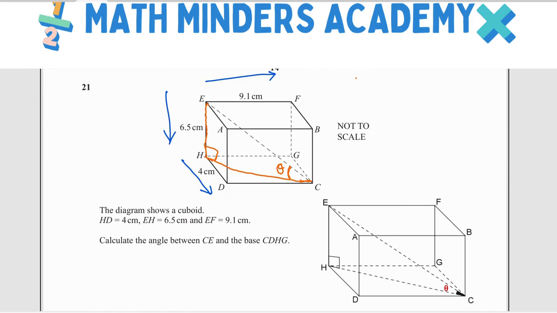Now, the line EC is the longest diagonal of a cuboid. And the longest diagonal of a cuboid, look at this, EC, the length of EC is the square root of the sum of the squares of the length, the breadth, and the height. So you have 4 squared plus 6.5 squared plus 9.1 squared. So that gives me 141.06.